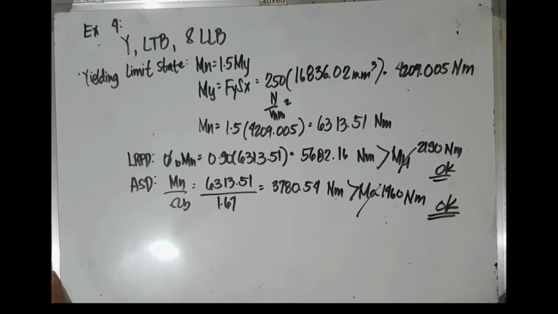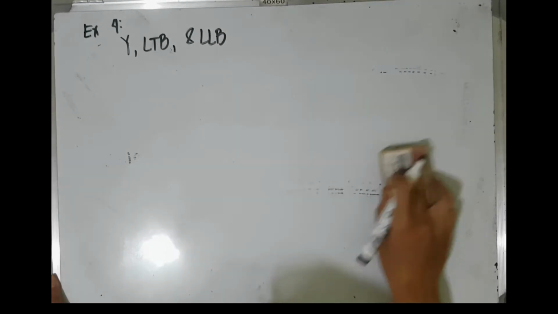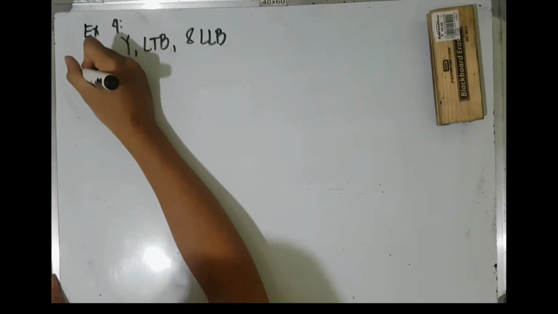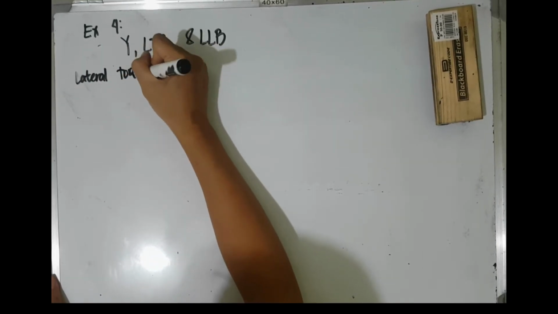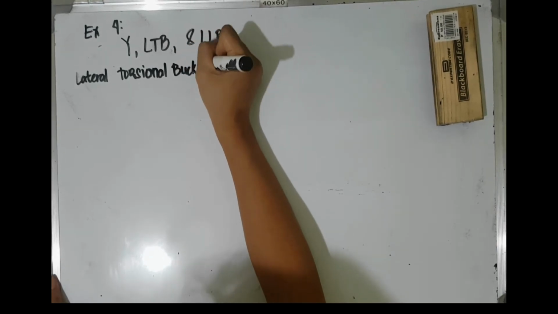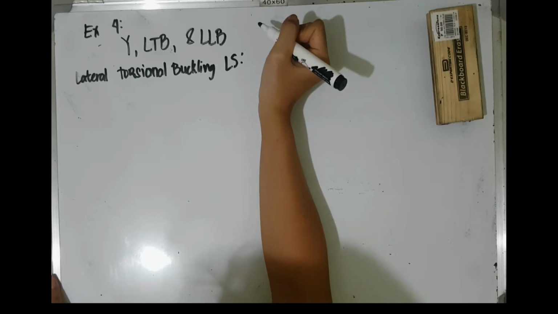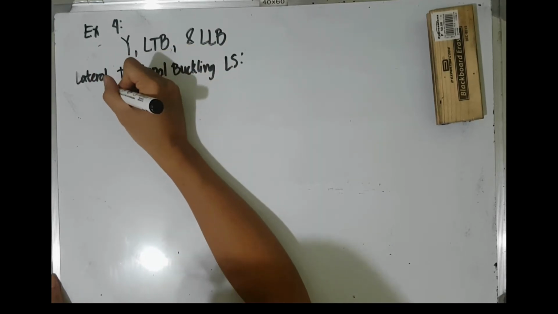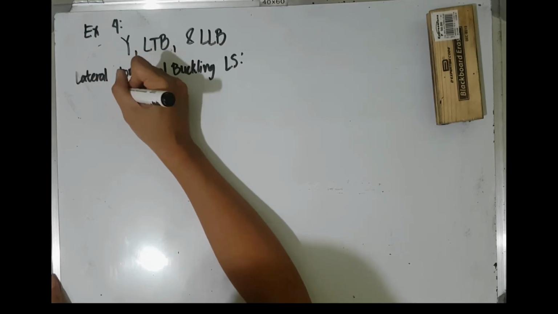And now we are ready to proceed to the next limit state, which is the lateral torsional buckling limit state. So again, as the problem says, the maximum compression is at the toe. We will compare the value of the elastic moment and the yielding moment.